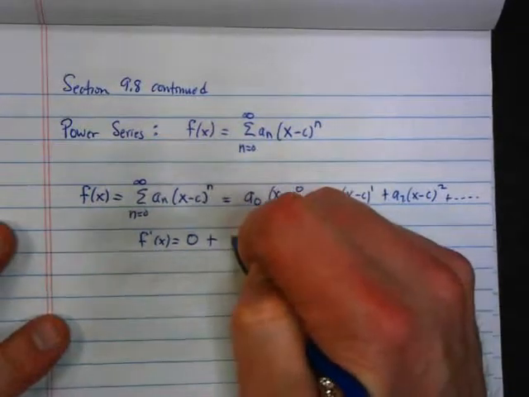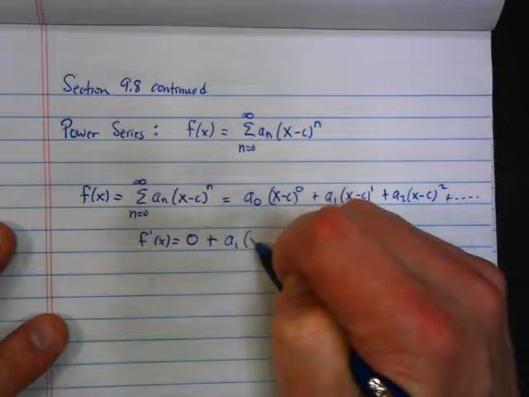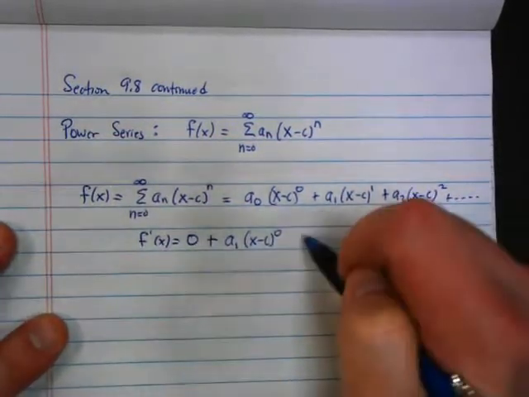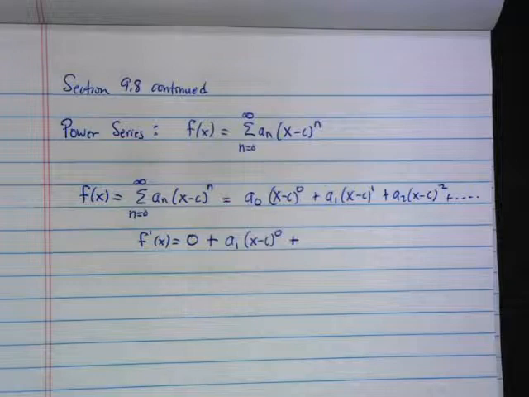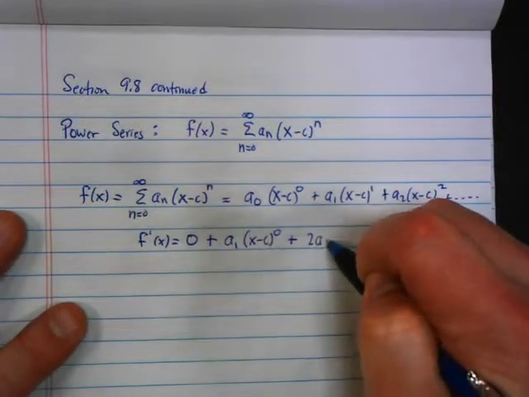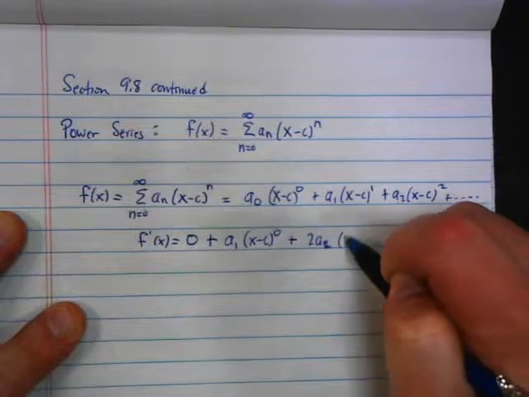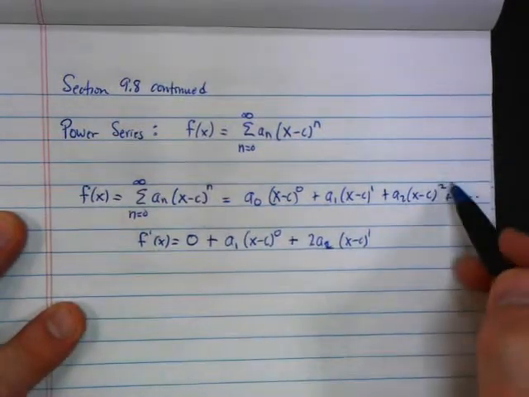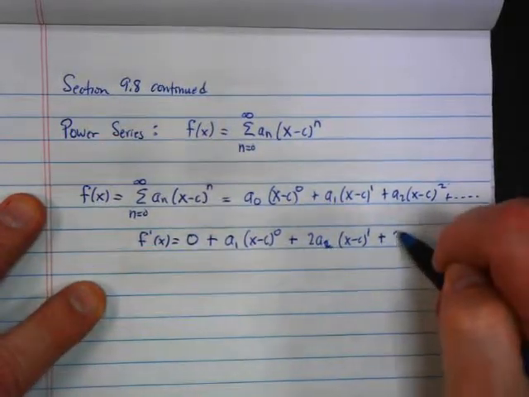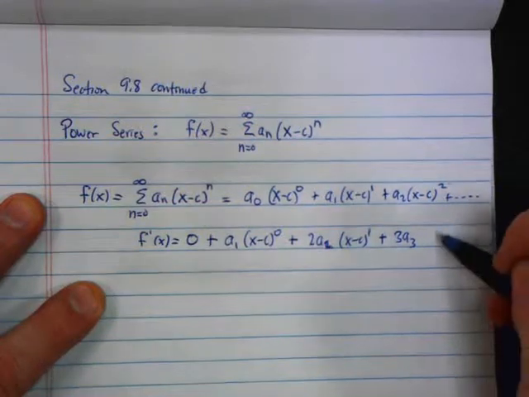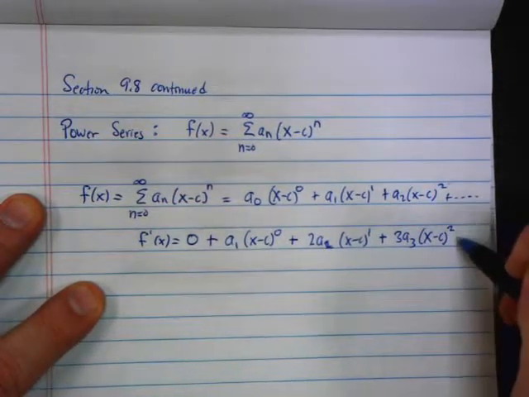So that's a sub 1 times x minus c to the 0. Plus, what's the derivative of a sub 2 times x minus c squared? 2 a sub 2 times x minus c to the 1. You bring the 2 down, you subtract 1 from your exponent. Plus, what's the next one going to be? 3 a sub 3 times x minus c squared, plus.